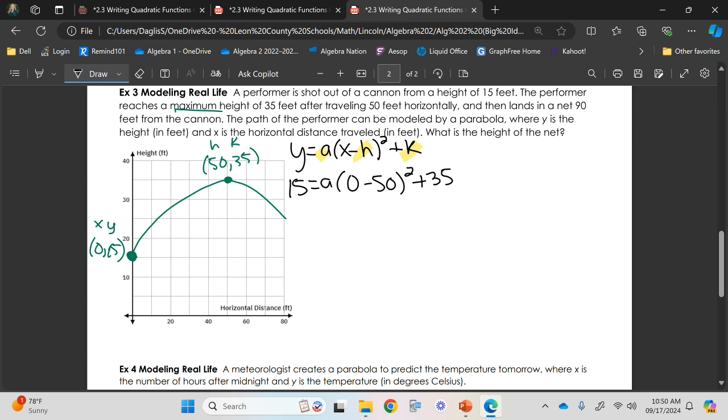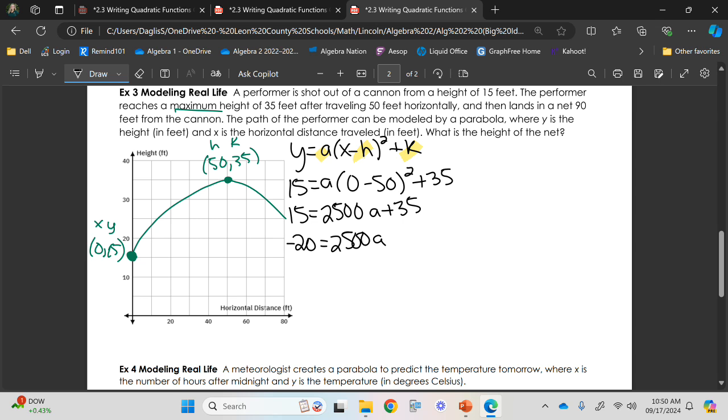All right, parentheses, 0 minus 50 is negative 50, okay? And then I'm going to square that to get positive 2,500. Let's subtract our 35 to get negative 20 equals 2,500A.